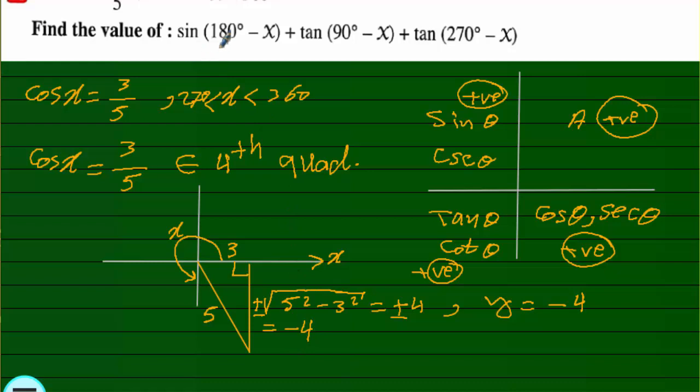Back to the required. The required here is to find sine 180 minus x. Now we have cosine x equals 3 over 5, right? And sine x from this triangle equals y over 5, negative 4 divided by 5. And tan x equals opposite, negative 4, divided by adjacent, 3.